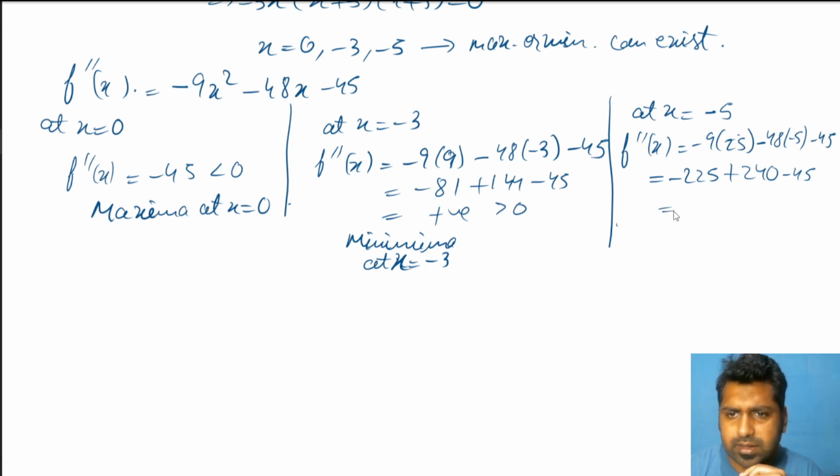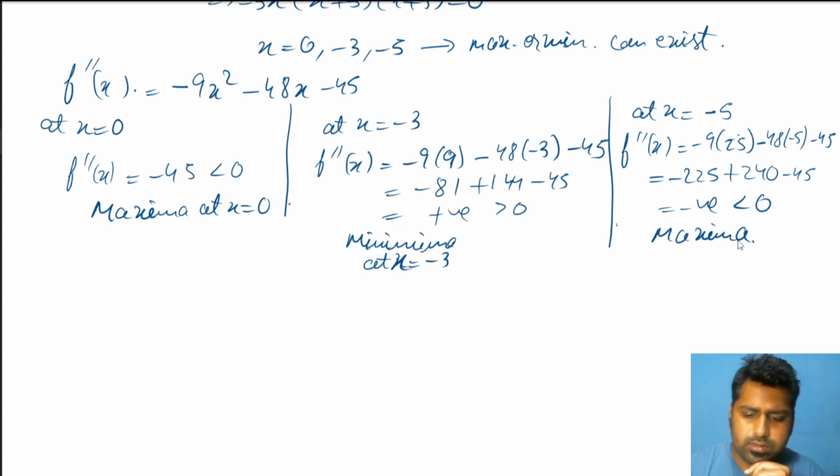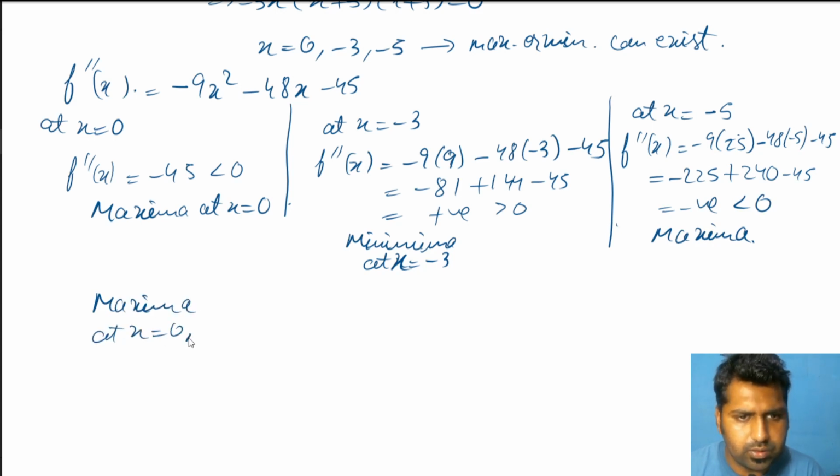So this time it will be negative, meaning less than 0, again maxima. So now I can say that maxima is at x equal to 0 and minus 5. Both of these values will give us a local maxima.